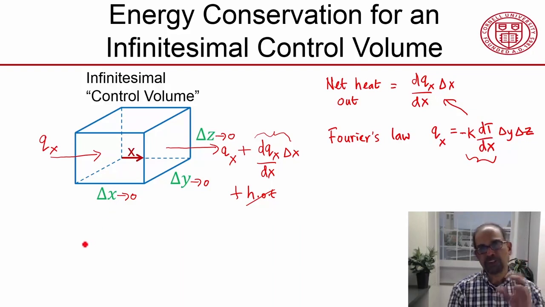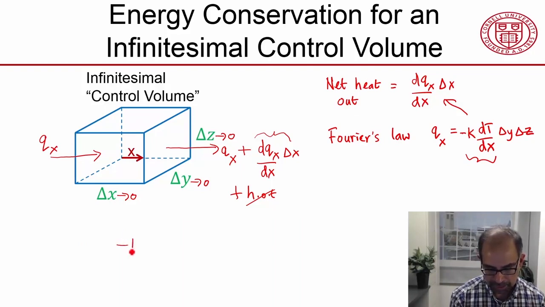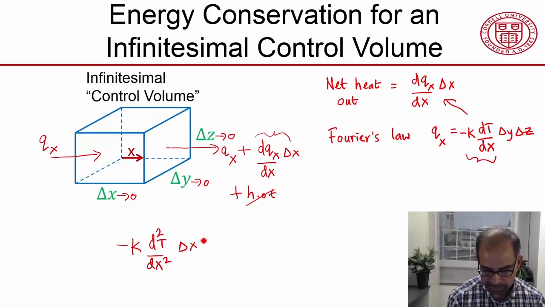The purpose is not to derive this rigorously, but to do it intuitively so that you get a sense of what the physical significance of each term in the equation means. So you're going to get a term that looks like minus k d squared T dx squared, and then you have delta x from here and delta y and delta z from there.